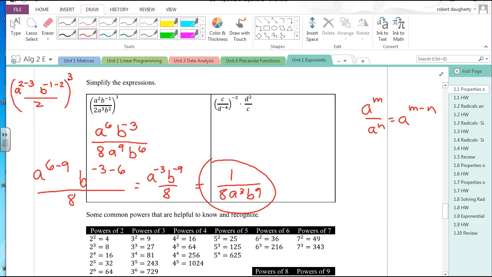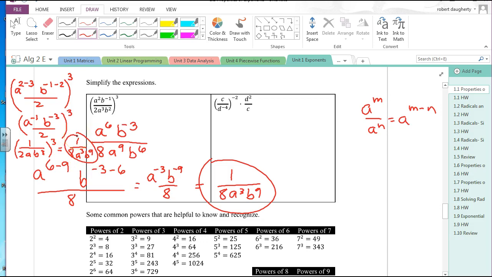What's 2 minus 3? So this is a to the negative 1, b to the negative 3 over 2, cubed. So this is 1 over 2ab cubed, cubed, which is 1 over 8 a cubed b to the 9th.